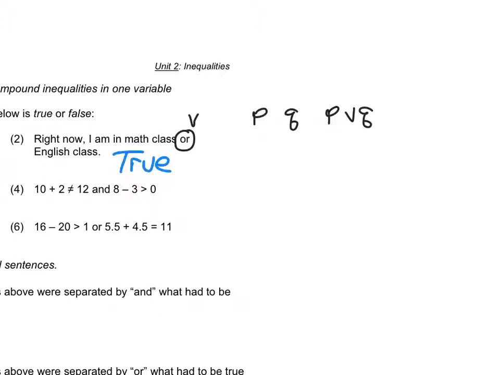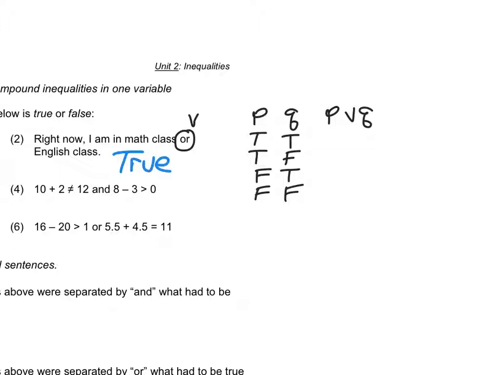Well, we looked at one possible case as I'm in the math but not the English. So that would be true or false. But let's actually just use the same progression we did for and. And that would be true, true, true, false, false, true, and false, false.